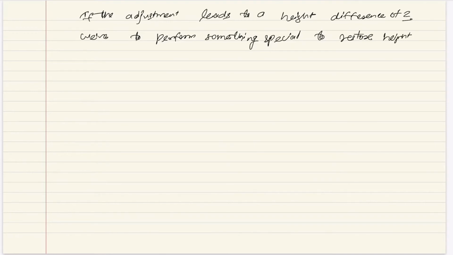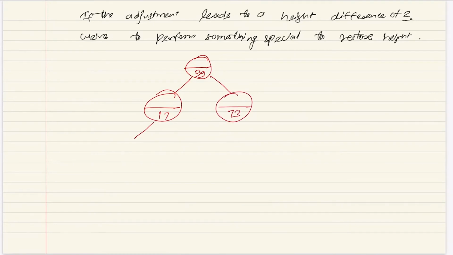Okay, now this is becoming abstract, so let's take an example. I am putting up a tree with its balance factors. Actually, let's do an exercise and compute the balance factors of all the nodes.